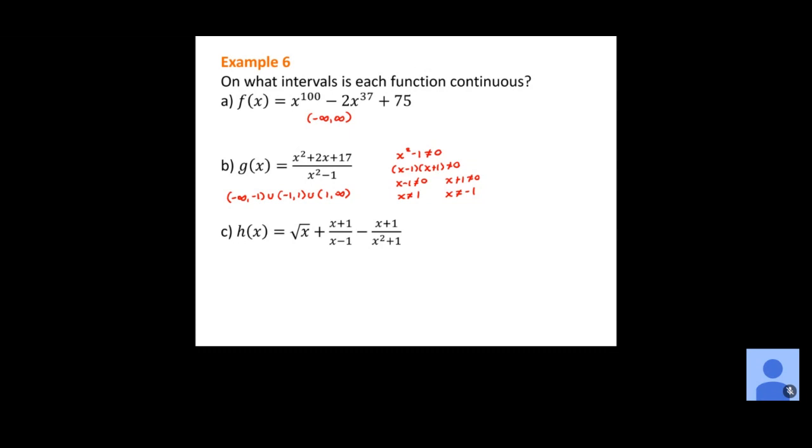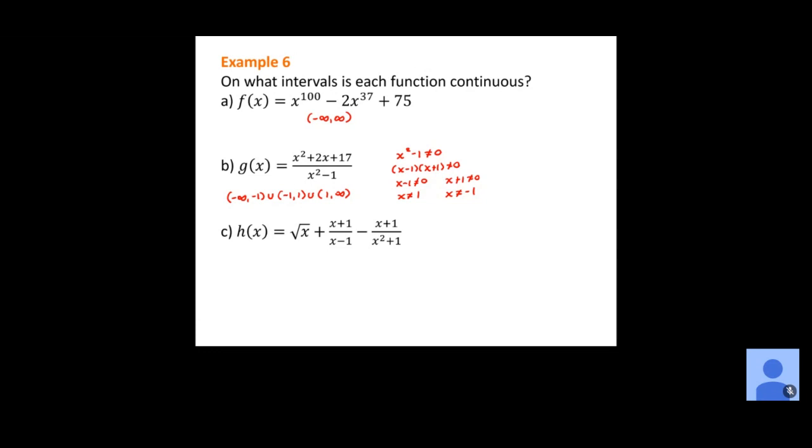All right, and then h of x here. This time we have the sum and difference of multiple functions, but they're all root functions or rational functions, right? So we know now that it should be continuous on its domain because it's just the addition and subtraction, right? Sum and difference of some of the functions that we know are continuous.